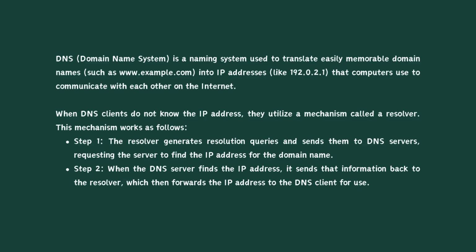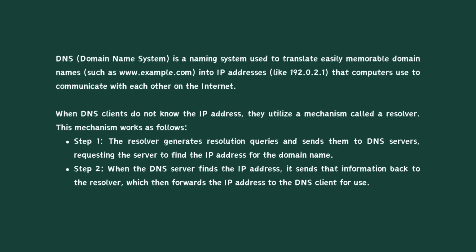DNS, Domain Name System, is a naming system used to translate easily memorable domain names, such as www.example.com, into IP addresses, like 192.0.2.1, that computers use to communicate with each other on the Internet. When DNS clients do not know the IP address, they utilize a mechanism called a resolver.